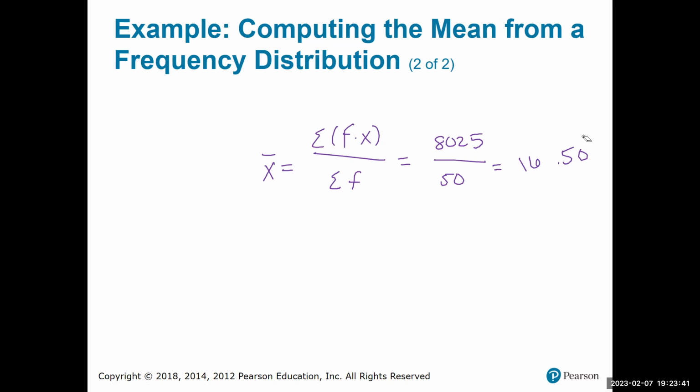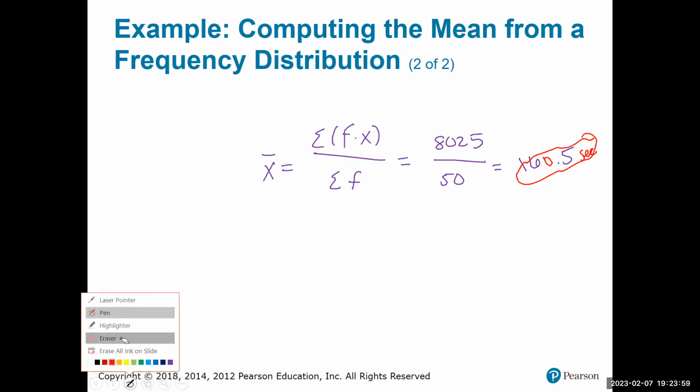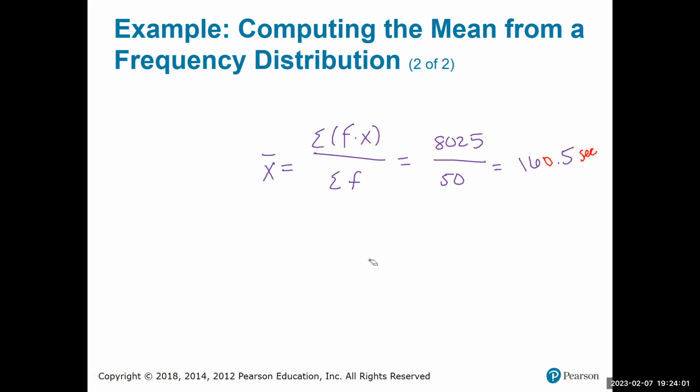We should include units though. Remember, this is the drive-through times, so we're going to write seconds. This is 160.5 seconds, an estimate for the mean wait time at the drive-thru at McDonald's.